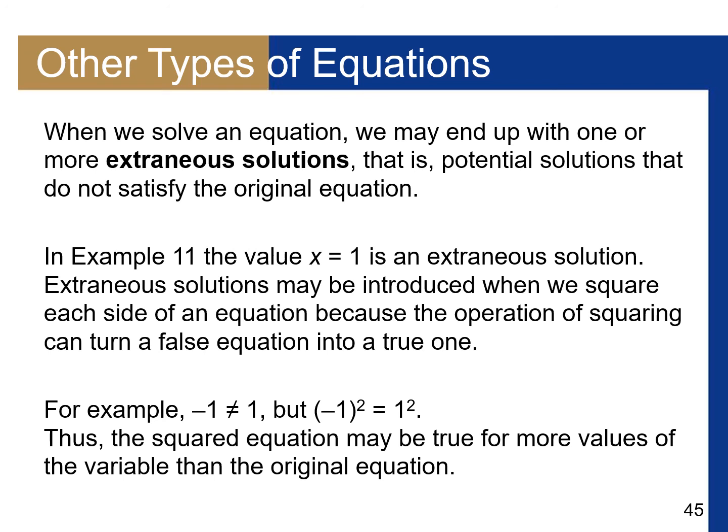In example 11, the value x equals 1 is an extraneous solution. Okay, so we need to remember that when we are squaring each side of an equation, because the operation of squaring can turn a false equation into a true one.